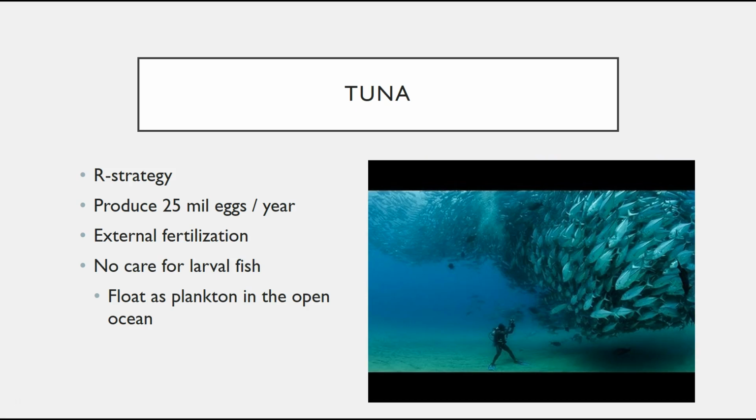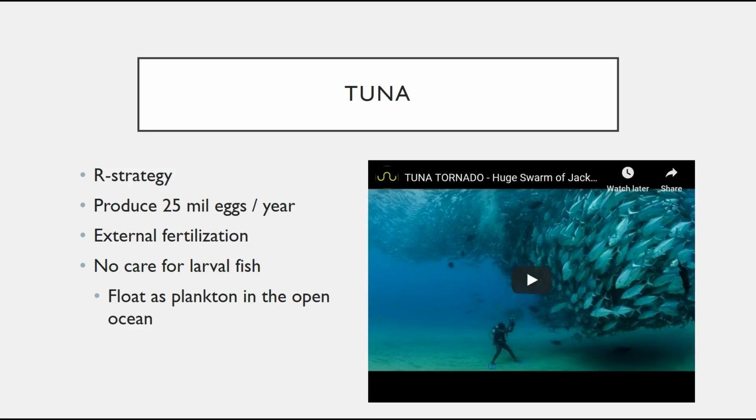All right, so a couple examples. Tuna are our r strategists. We have already talked about tuna. Tuna are using external fertilization, but that doesn't necessarily make them an r strategist. What makes them an r strategist is that after fertilization occurs, they just let their eggs float to the surface and they literally never see them again.